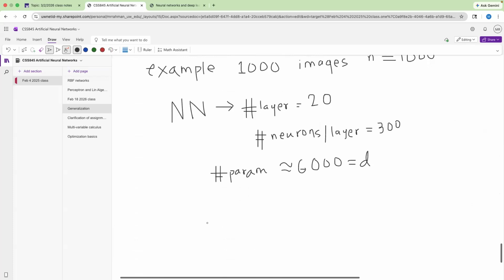Okay, so now when we say overfitting, we try to maybe reduce the complexity.